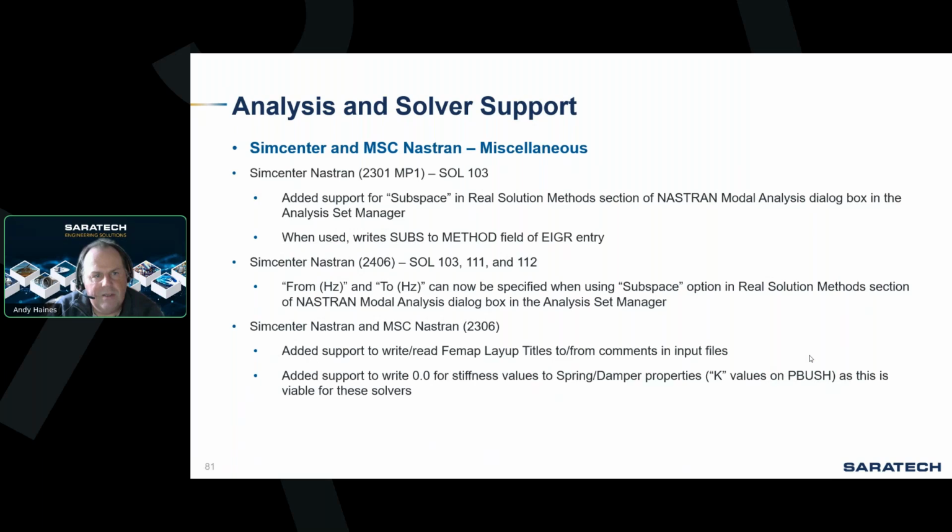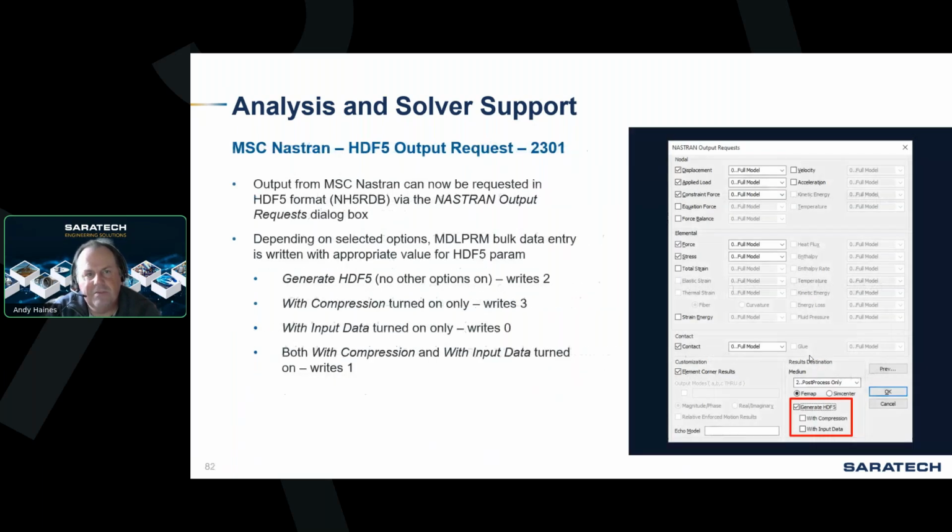They updated it for 2406, so you could have from and to hertz, so you could have a frequency range. We also added support to read and write the Femap layup titles to and from input files for Nastran in general, and the ability to put in 0 stiffness for PBUSH. So just a little extra support.